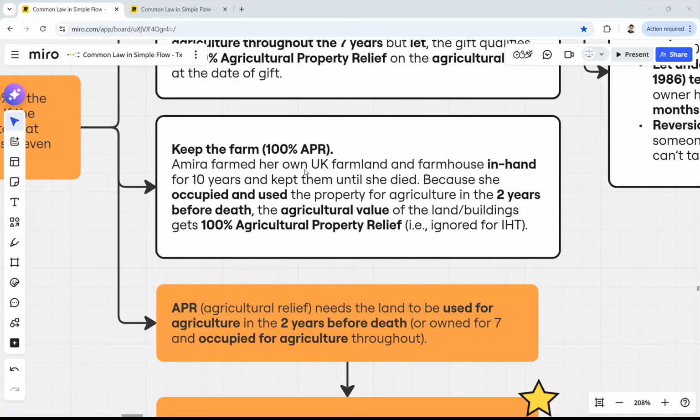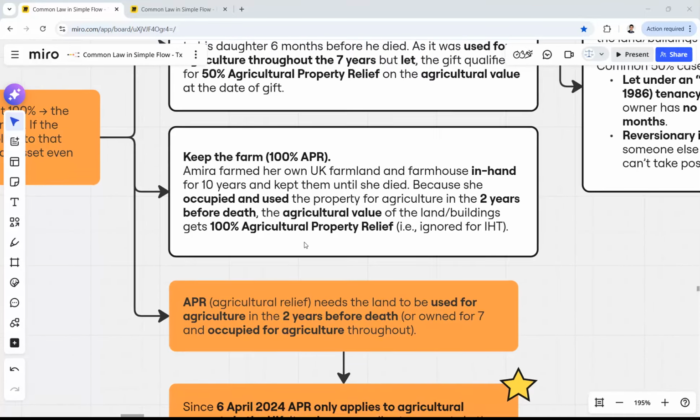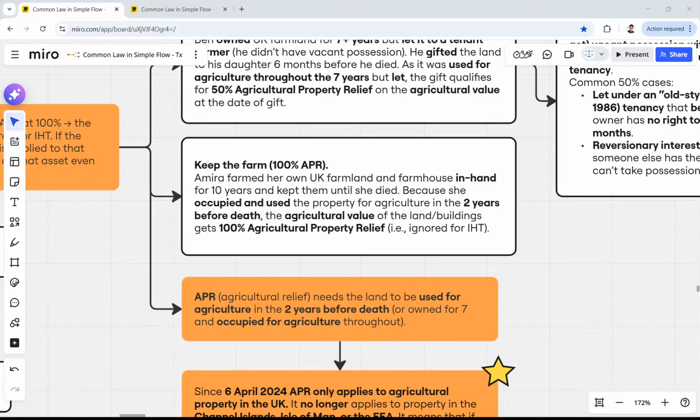Keep the farm, 100% APR. Amira farmed her own UK farmland and farmhouse in hand for 10 years and kept them until she died. Because she occupied and used the property for agricultural purposes in the 2 years before that, the agricultural value of the land and buildings gets 100% agricultural property relief.